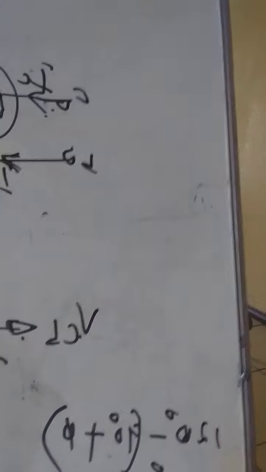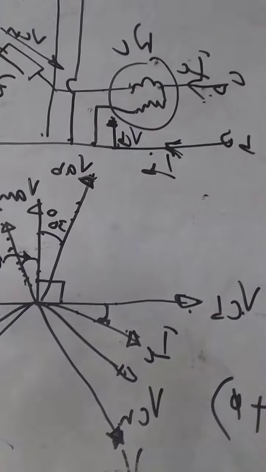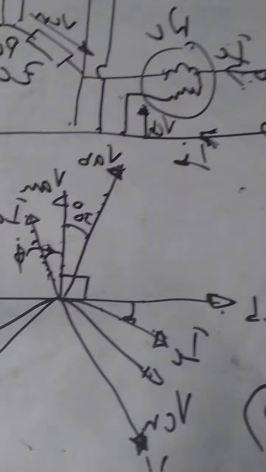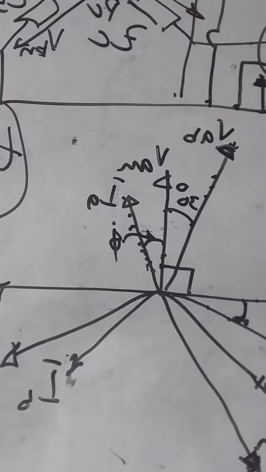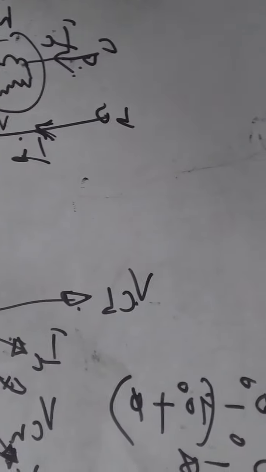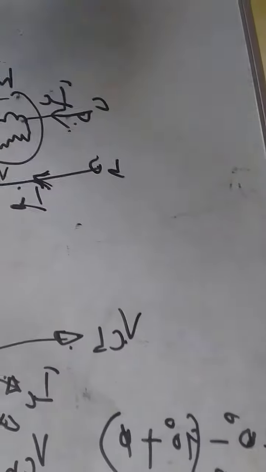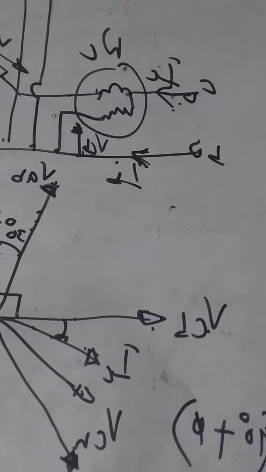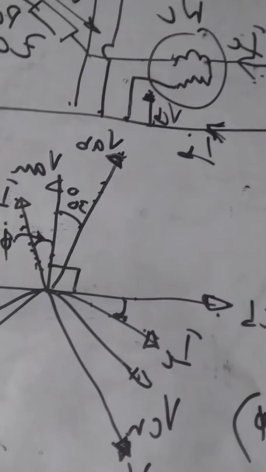So now let me quickly write out what you are going to have. For example, when you have it on A and C, this is what you get. If you have it on B and C, let us assume this wattmeter is on B and C, there's nothing on A, this is what you are going to have as your equation. Tan phi is equal to root 3 into WB minus WC over WB plus WC.